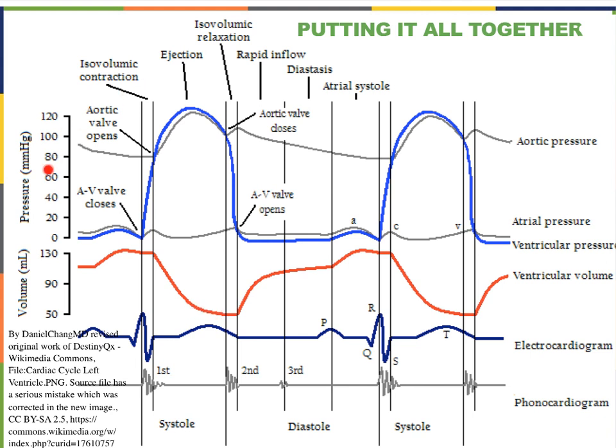Okay, so this top graph should look quite familiar. In the blue we have the ventricular pressure. The gray bottom line is the pressure in the atrium, and then we also have the change in pressure in the aorta.